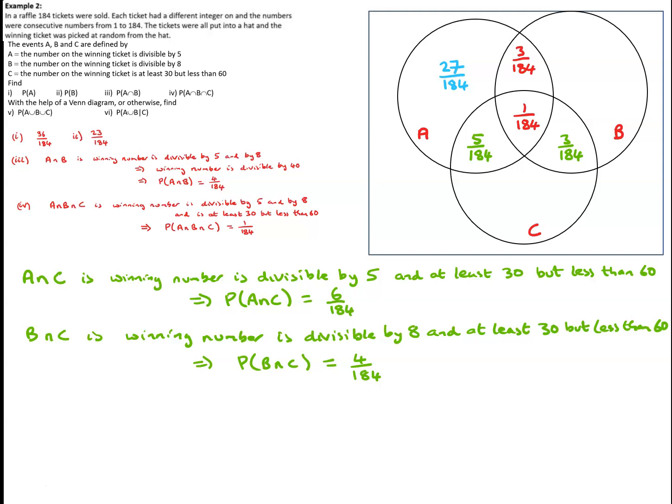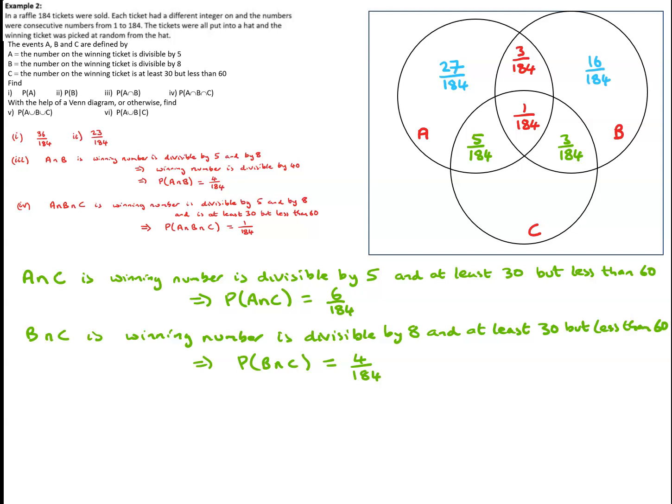We know that the probability of B is 23/184ths. But so far, we've got 3/184ths, 1/184th, and 3/184ths. That makes 7/184ths. So the remaining part of B is going to be 16/184ths.